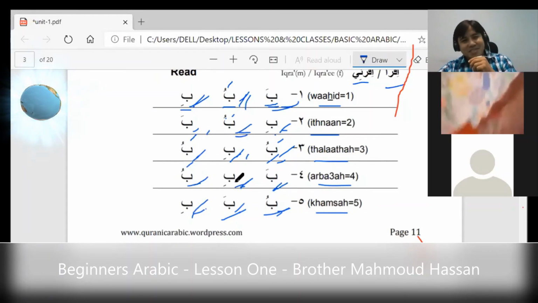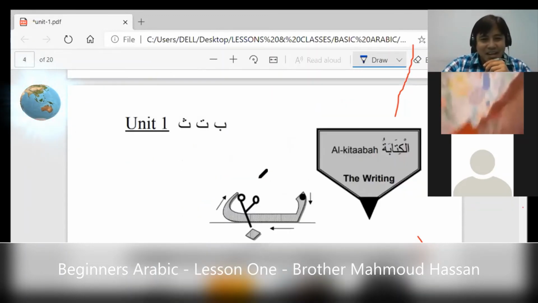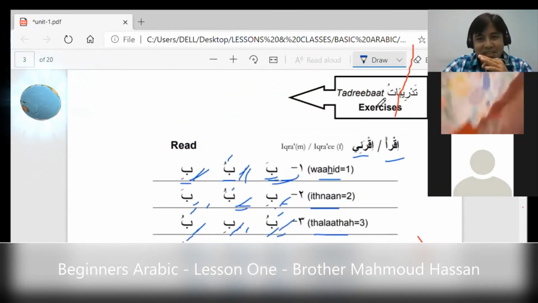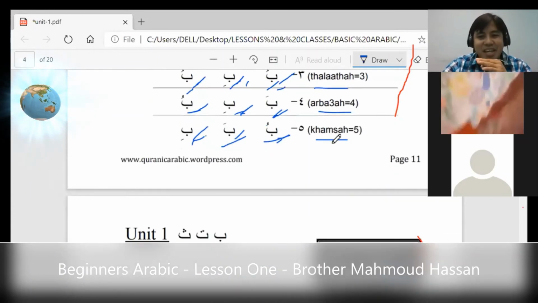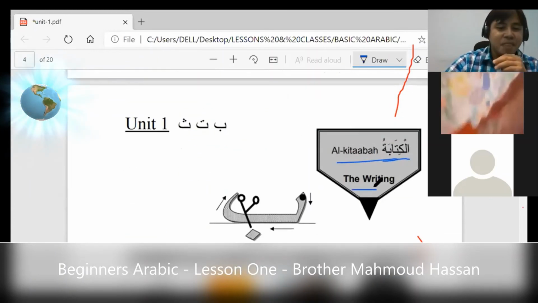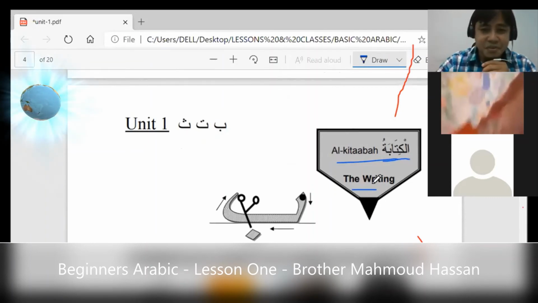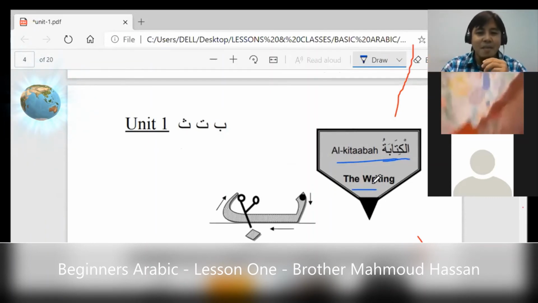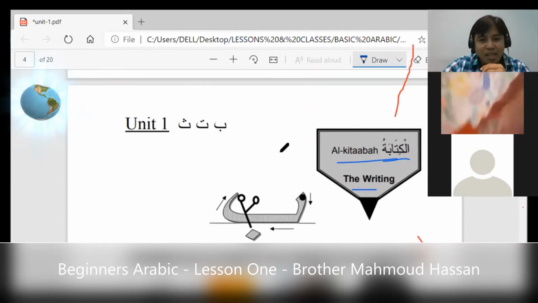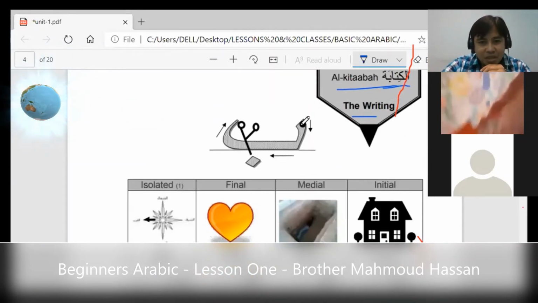Very good. And also al-kitaba. We first mentioned al-qira'ah, so we read it. Now, al-kitaba, the writing, another vocabulary of yours. So you just remember al-kitaba means the writing. So you need to write. How do you write letter ba? Like this.